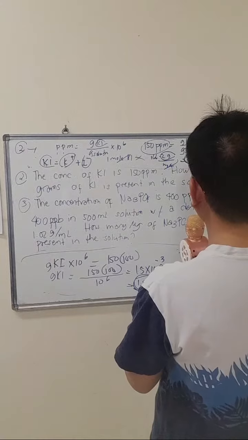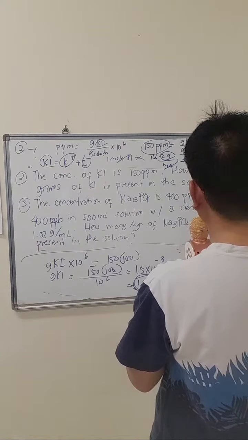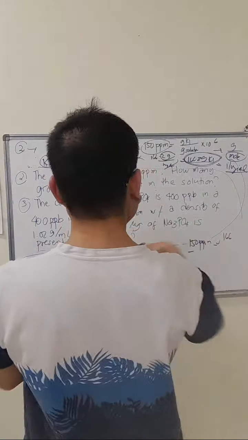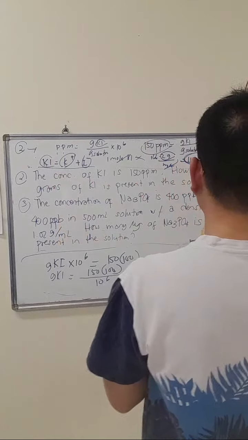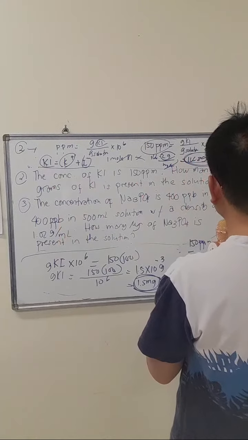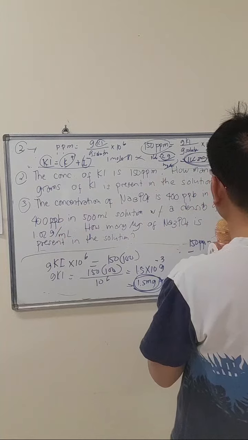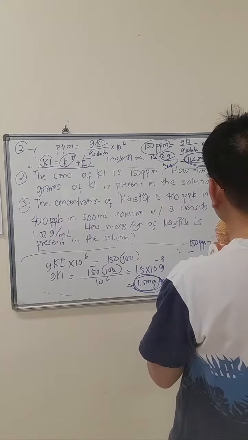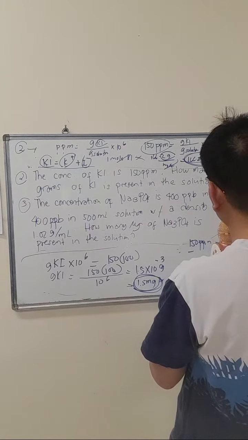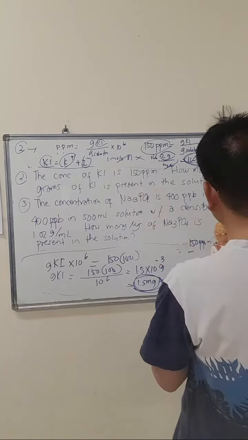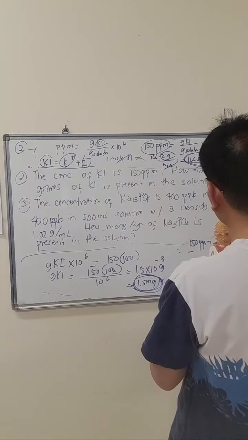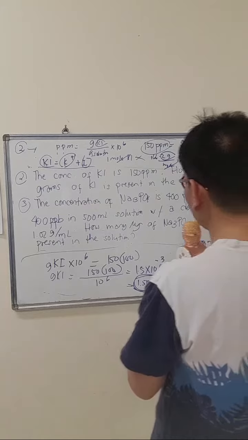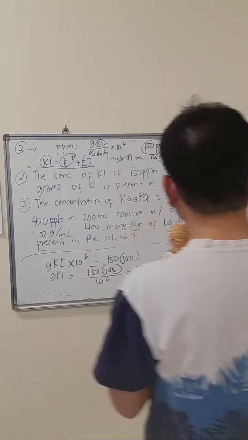And then we got 166.2 based on the dissociation balancing of our moles. And then, our grams of solution is unknown, because we don't have grams of solution in our problem, and we have to find out that one. Let's check. If you can also have 1.5 milligram answer, then bingo, it's correct.